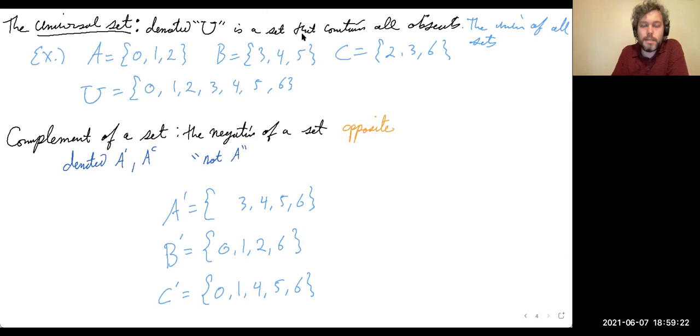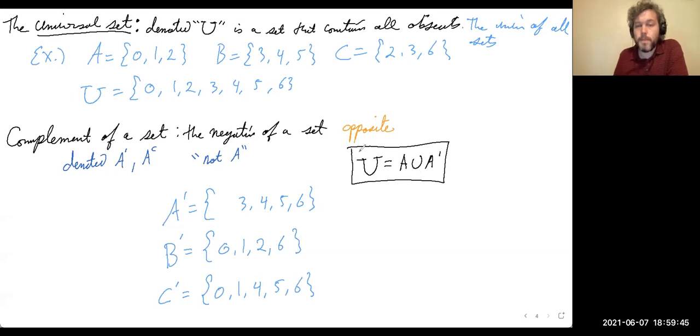One thing I should say, and this may sound a little weird, but the universal set could also be written as A unioned with A complement. And this is true for all sets. If you think of you and then everybody in the world that is not you, that's everybody, right?